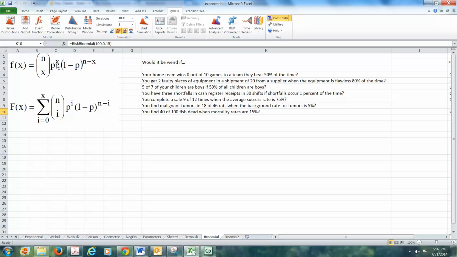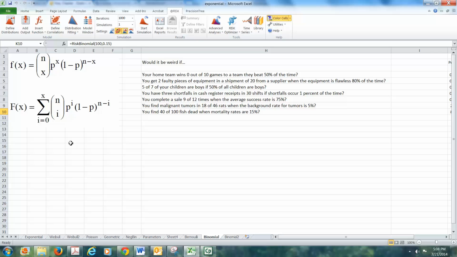The experiment consists of n repeatable trials. Each trial can result in just two possible outcomes. One of these we call a success, the other is called a failure. The probability of success, denoted by p, is the same on every trial, and the trials are independent. That is, the outcome on one trial does not affect the outcome on other trials.